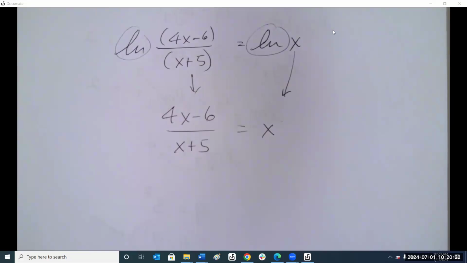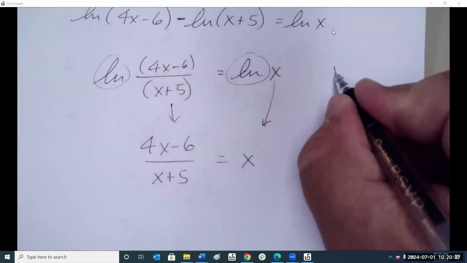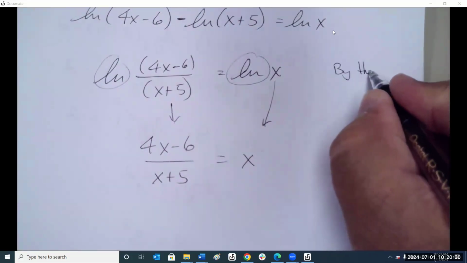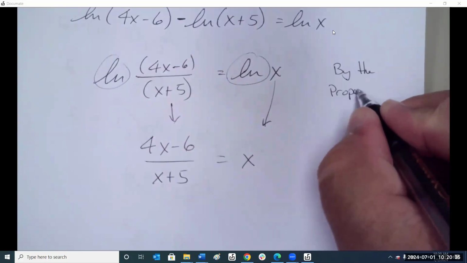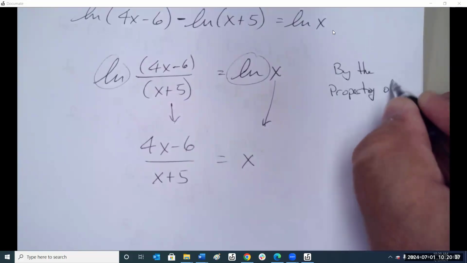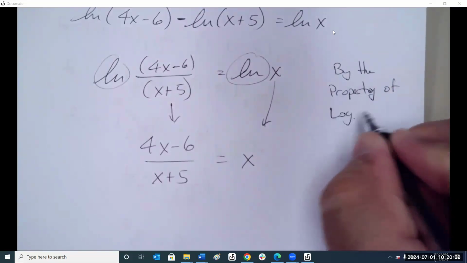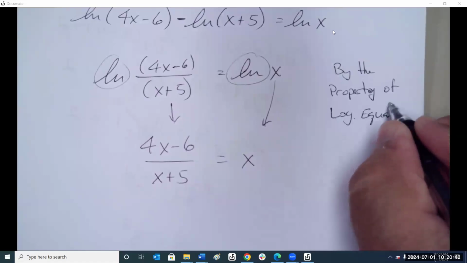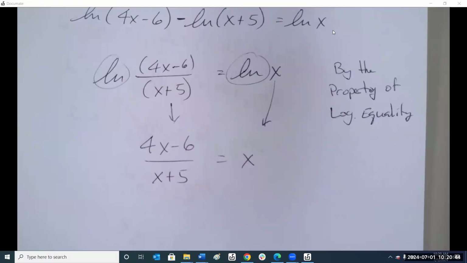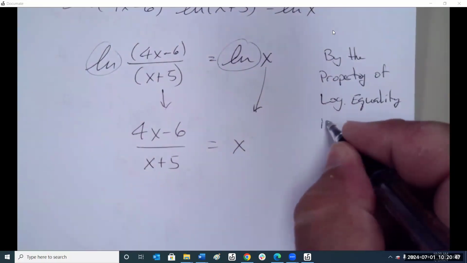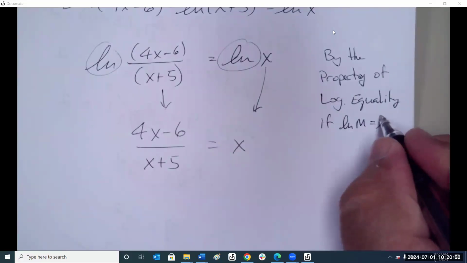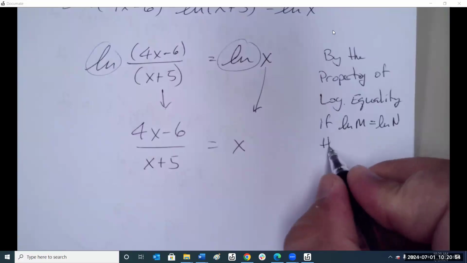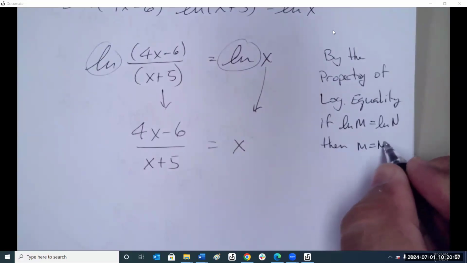So we just solve for x. This is by the property of logarithmic equality: if ln m equals ln n, then m equals n.